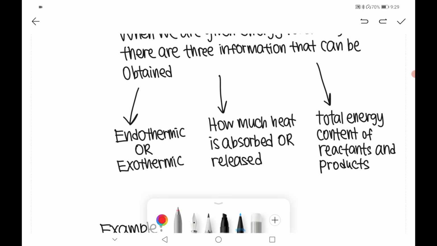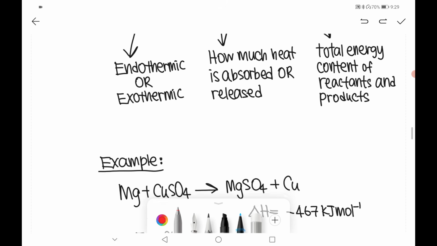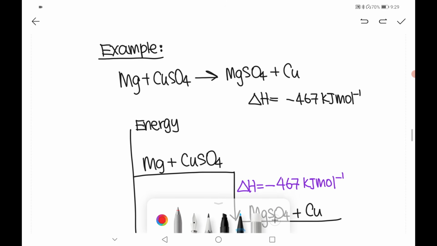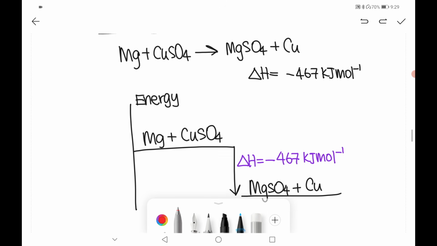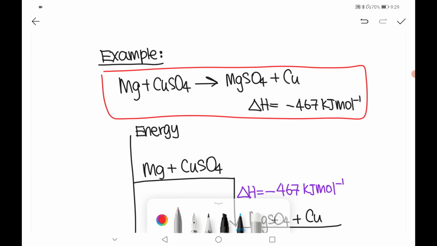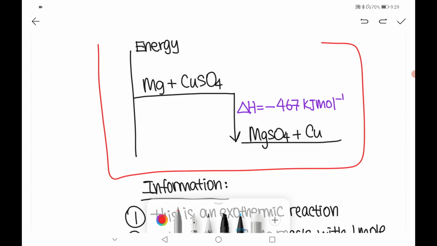The best way for us to learn is by using an example. So I'll show you an example of how to get the three pieces of information from the energy level diagram. Let me show you this. We are given a thermochemical equation and an energy level diagram.